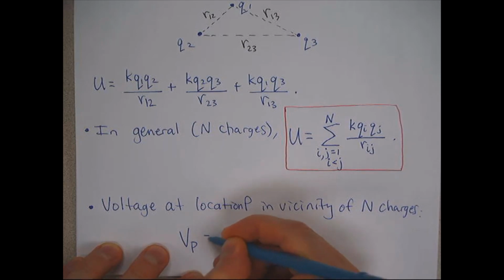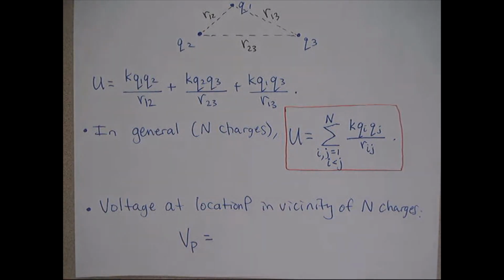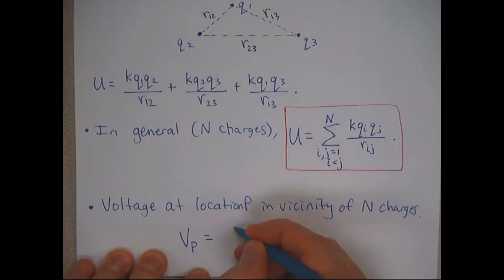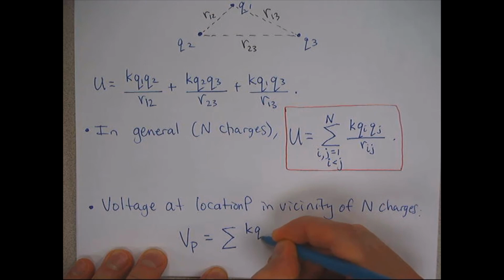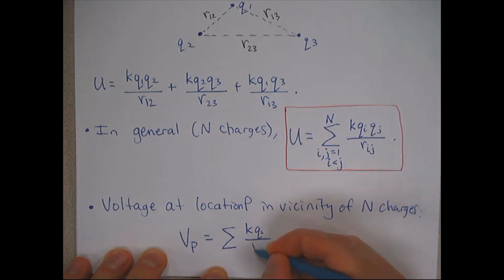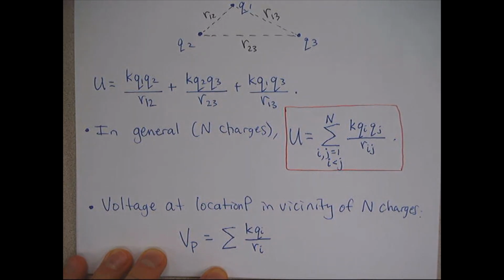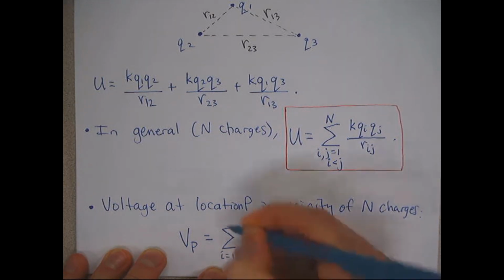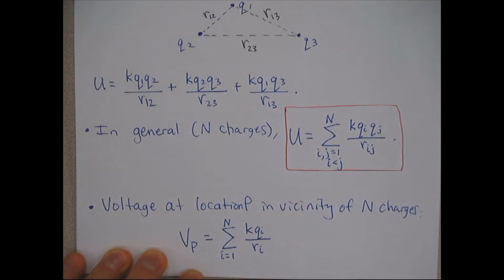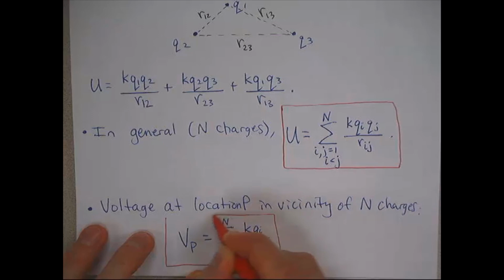That should be an expression that shows superposition of voltage from each point charge. Each one creates kQi over ri, and we have to sum up the contributions to the voltage from all n of the point charges.